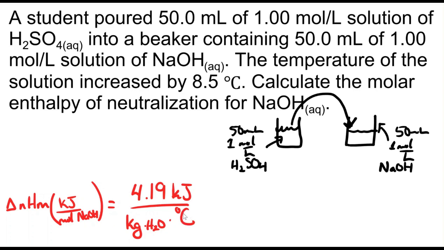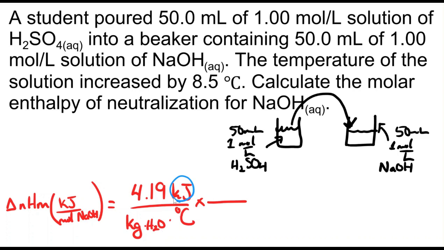So for every 1 degree Celsius that a kilogram of water goes up in temperature, 4.19 kilojoules has to be gained. So what do we want? We want to keep our kilojoules and get rid of every other unit, per mole of sodium hydroxide.